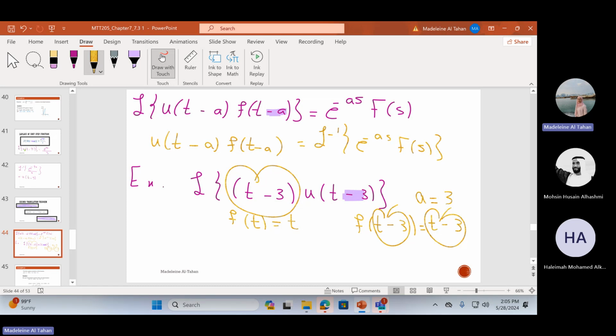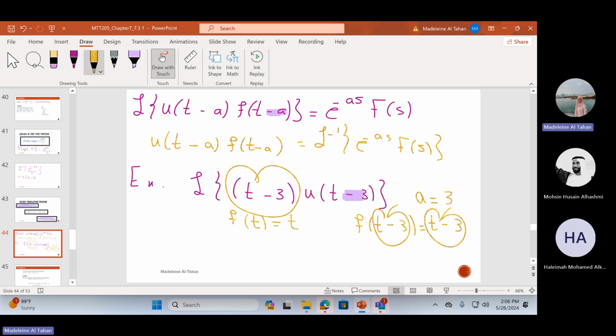And let's compare this one to the pink one that is here. U t minus a, you have it, right? So after comparison, we have u t minus a, and you have u t minus 3. So what's a? Here I have minus a, and here I have minus 3. So a is 3.